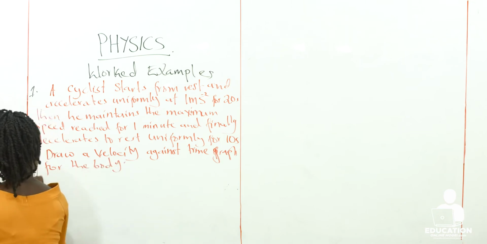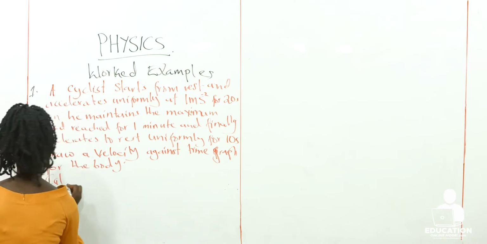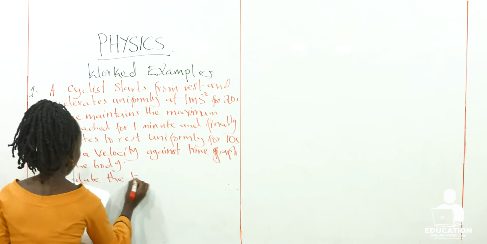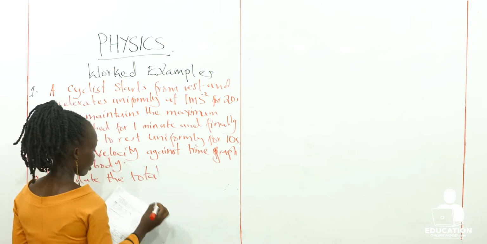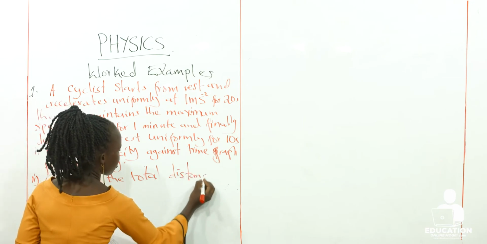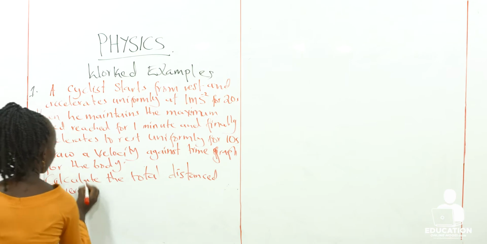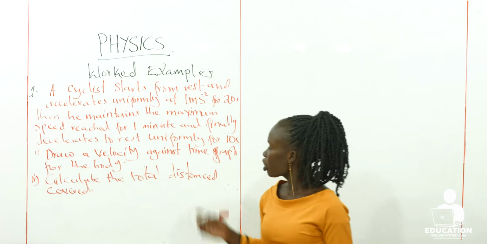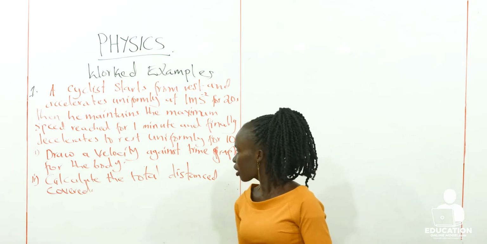Then after drawing our velocity time graph, we also have to calculate the total distance covered by the cyclist. So now we have our question there. How shall we draw the velocity against time graph?